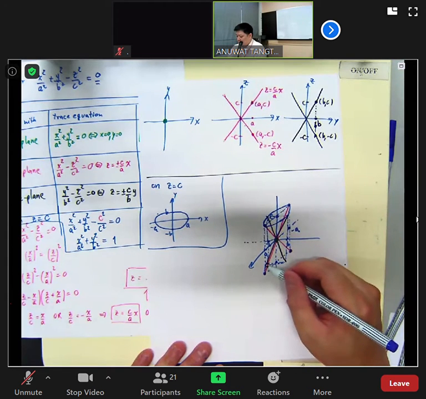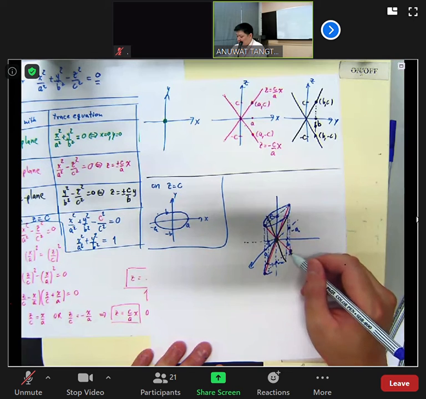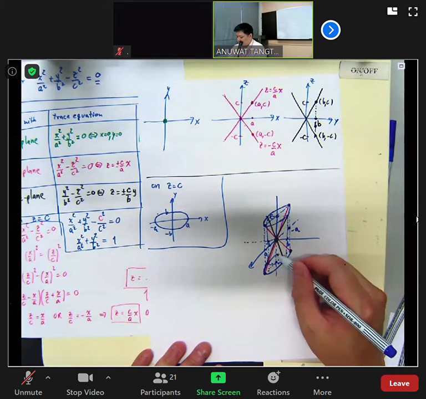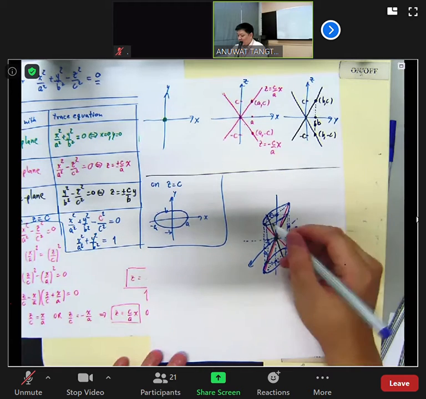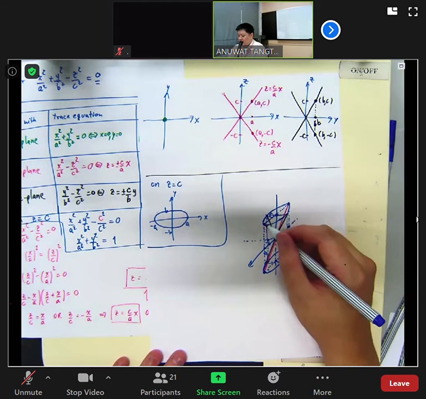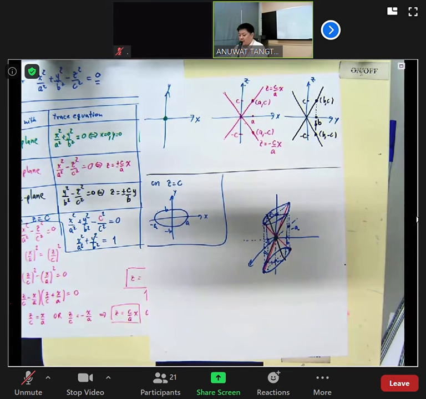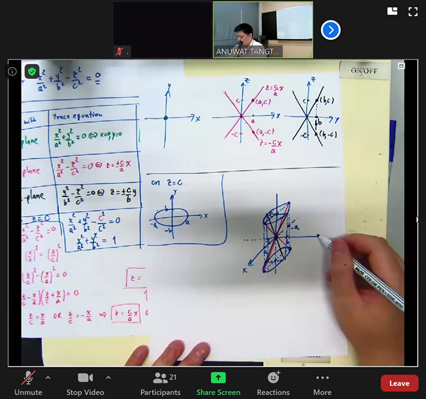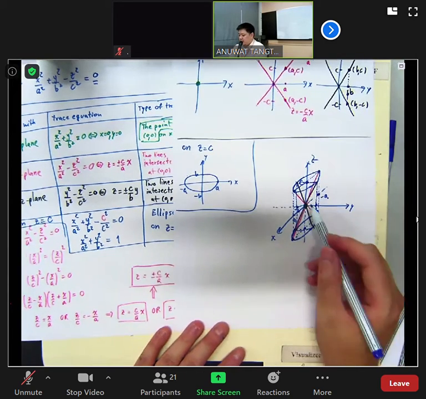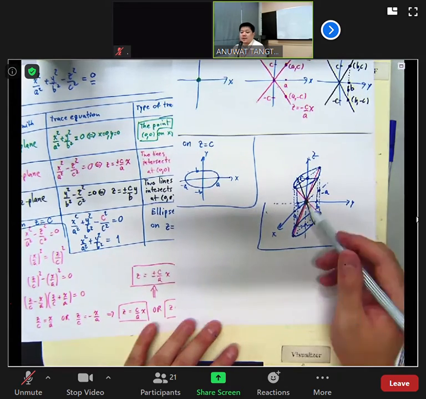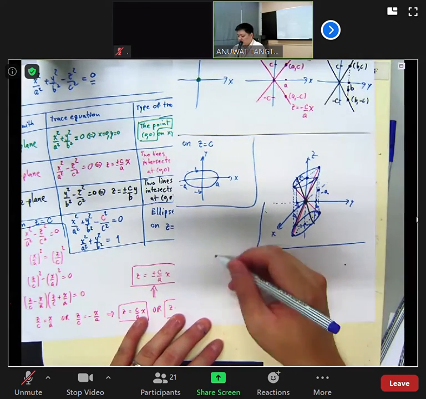Similarly, on Z equal to minus C, we get the same ellipse there. Okay, this is A, this is B.